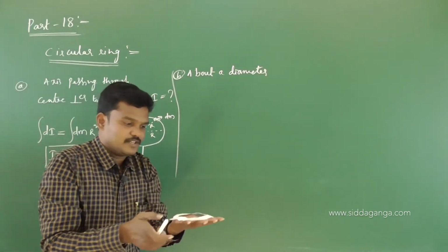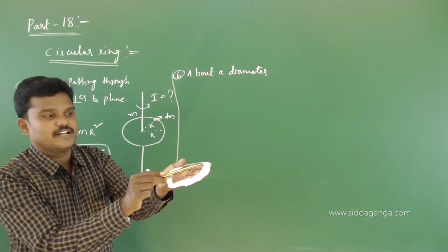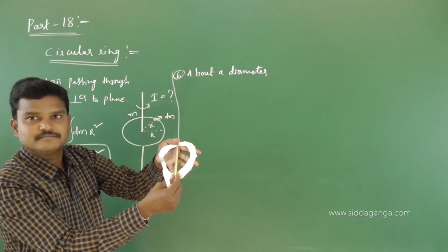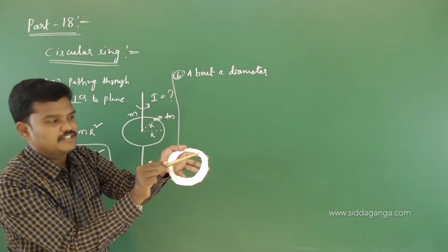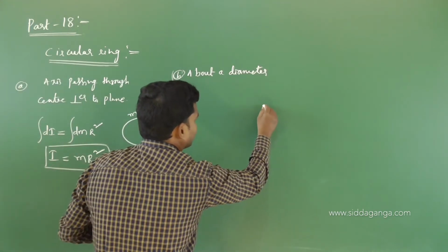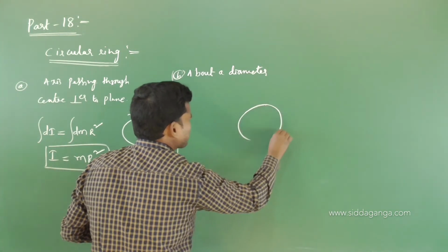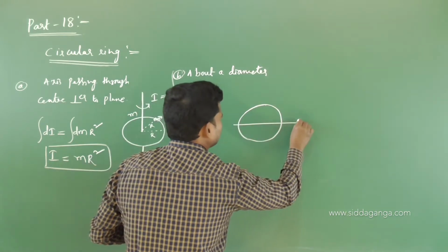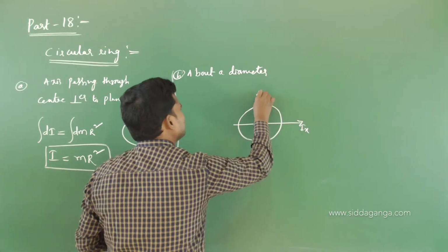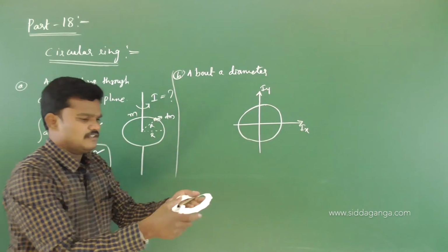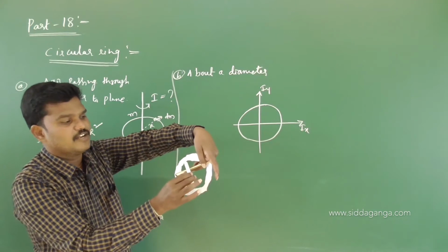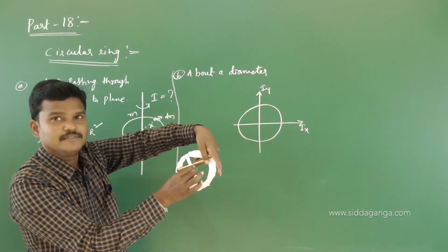Now the second one, about the diameter. This is the diameter, this pen is a diameter, this is also a diameter. This is one axis, due to symmetry this value will be the same. So about a diameter, let us suppose this is Ix and this is also a diametrical line, Iy.